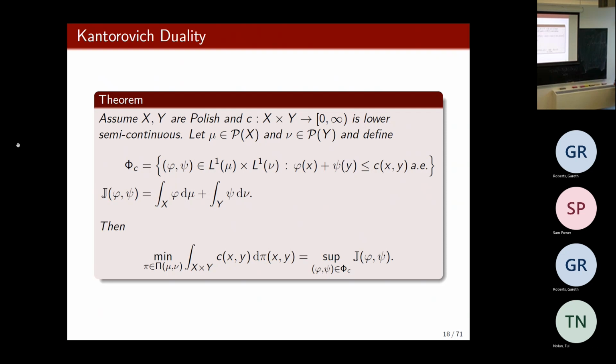Essentially it's the set of functions which are L1 with respect to mu, L1 with respect to nu, and such as here. And then J is the sum. This is our dual energy. The point now is that the Kantorovich optimal transport problem has this sort of dual form here, where it is the supremum of J over phi, phi C.